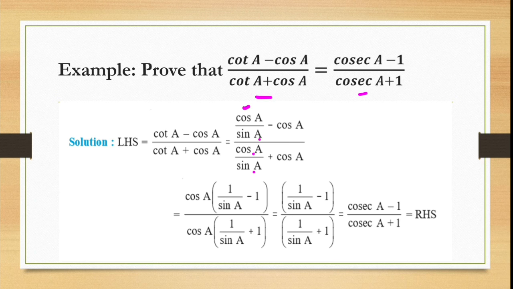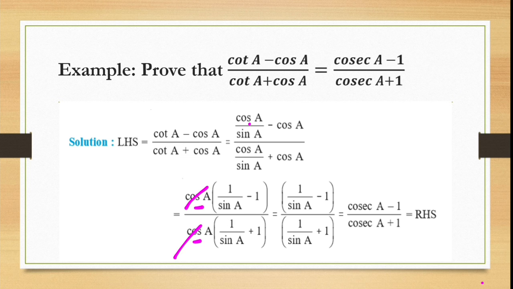From this denominator and numerator, you can take cos A common. I am taking cos A common on both numerator and denominator. So, if you take common cos A from here, it will be 1 by sin A minus 1. It will be 1 by sin A plus 1. So, this cos A and this cos A will cancel to each other.